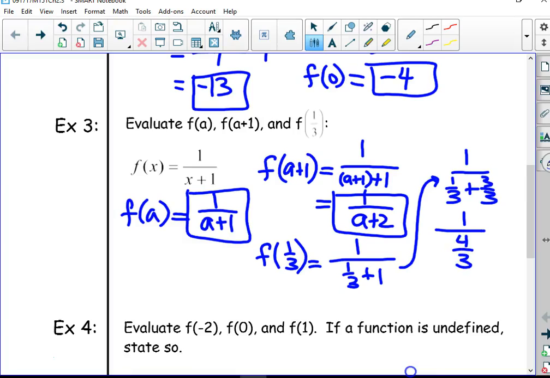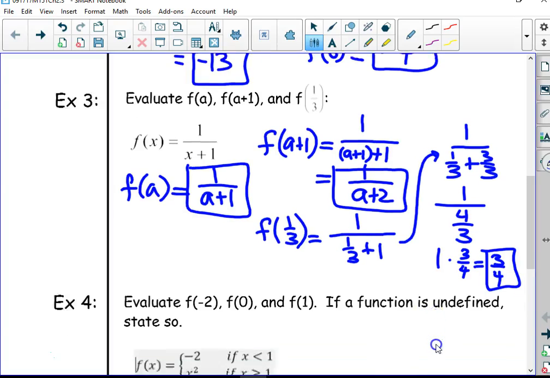So we get 1 times 3/4, which is just 3/4. So whenever you're trying to simplify rational expressions, simplify the numerator, simplify the denominator, and if you have a fraction in either place, then flip the denominator and multiply.